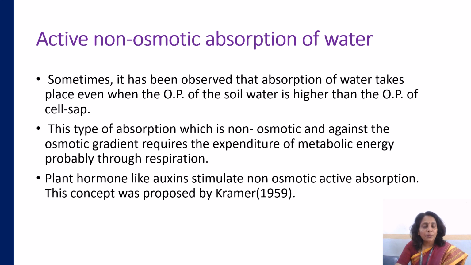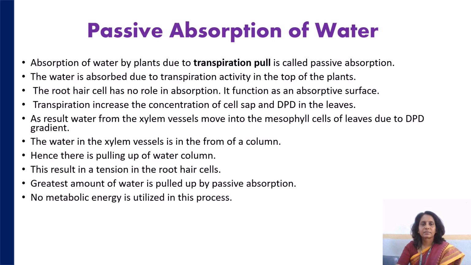This type of absorption, which is non-osmotic or against the osmotic gradient, requires metabolic energy, and obviously it is released through respiration. Plant hormones like auxins stimulate the non-osmotic active absorption. This concept of active non-osmotic absorption of water was proposed by Kramer in the year 1959.